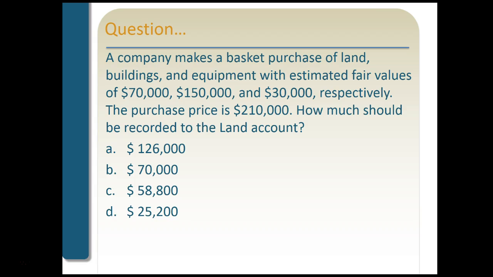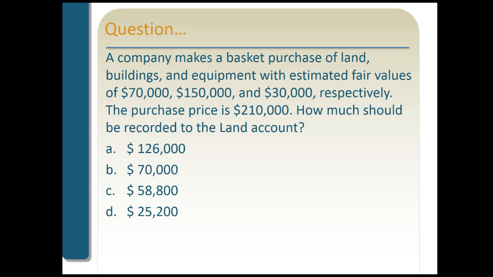Let's look at a question here. A company makes a basket purchase of land, buildings, and equipment with estimated fair values of $70,000, $150,000, and $30,000 respectively. The purchase price is $210,000. How much should be recorded to the land account?